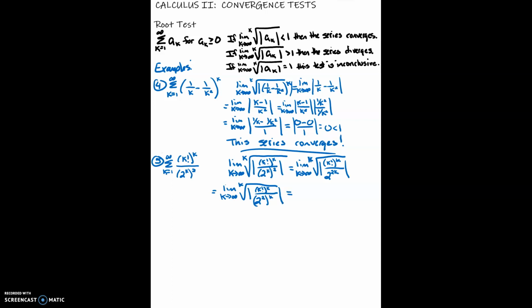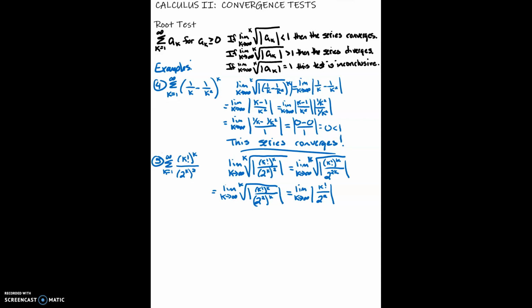All right, well, now that's kind of nice. Kth root, k in an exponent in both the numerator and the denominator. That will simplify. So we get the absolute value of k! over 2 squared. And yes, if you want to go ahead and square 2, you're welcome to. Not necessary though. I can see right away what's happening with this limit.